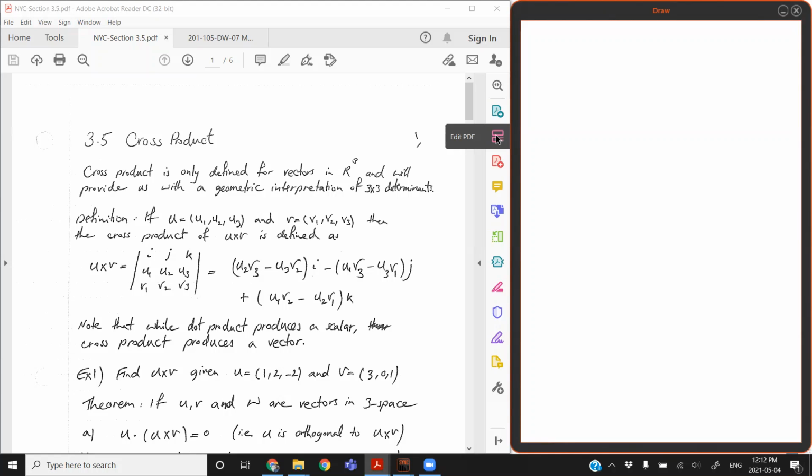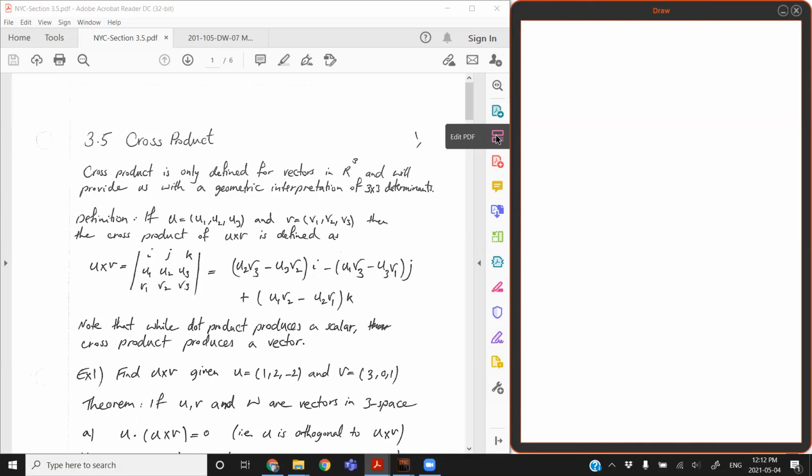So cross product is not defined for R2, it is not defined for R4. It is only defined for R3, and it has very beautiful geometric interpretations, and it will help us also understand one geometric interpretation for the determinant of a 3 by 3 matrix.